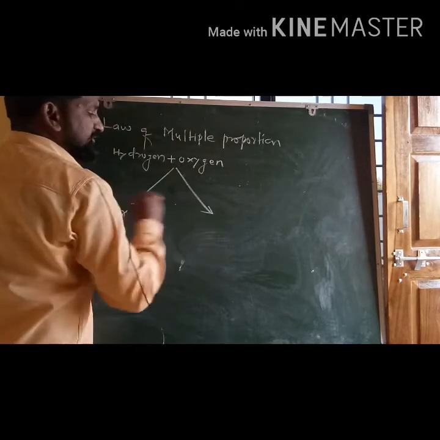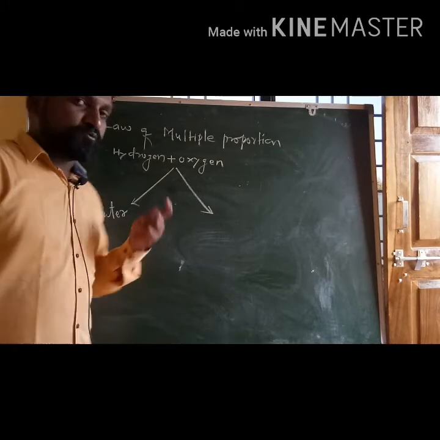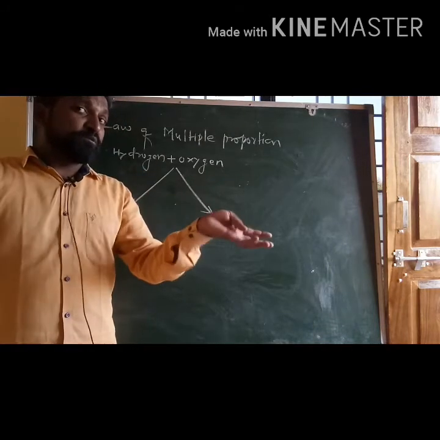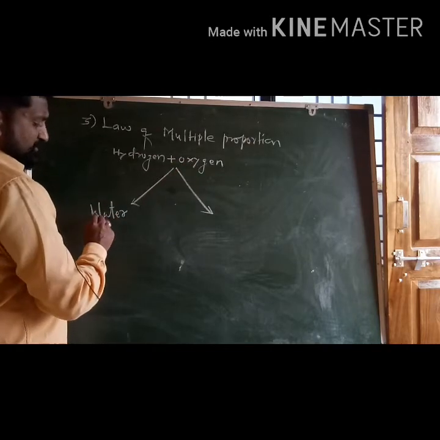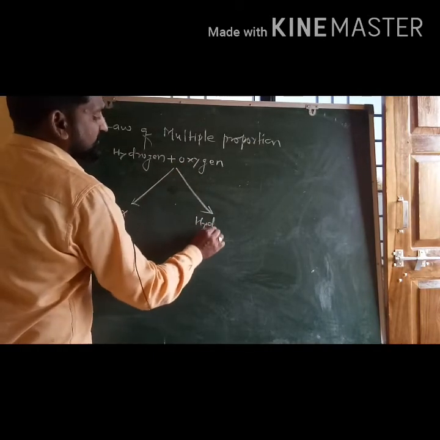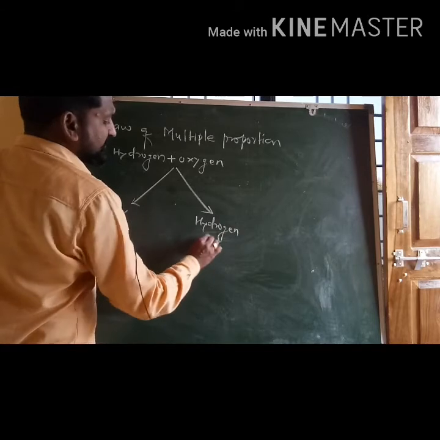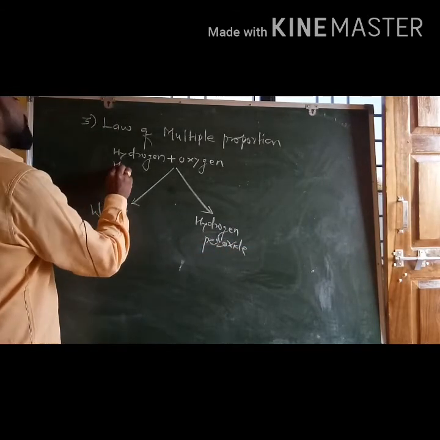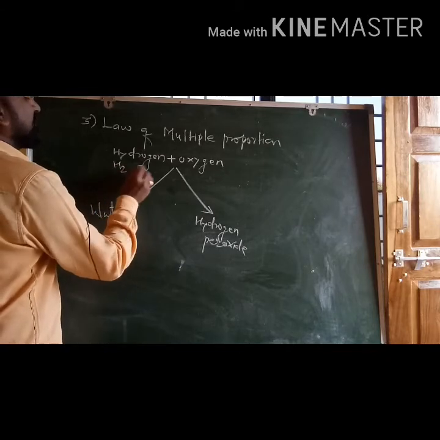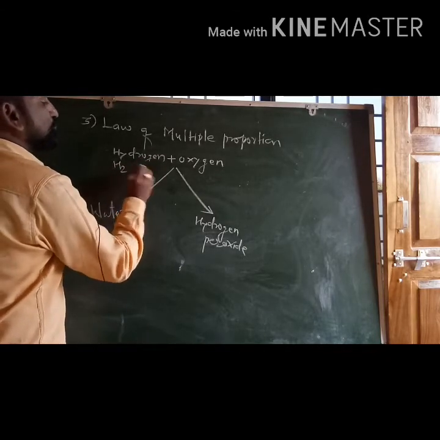Again, one possibility is there. Already I told you, two elements can form more than one product. When hydrogen and oxygen combine together, there is a formation of water as well as hydrogen peroxide. So what happens? Everybody see here. This is H2, having molecular weight 2.